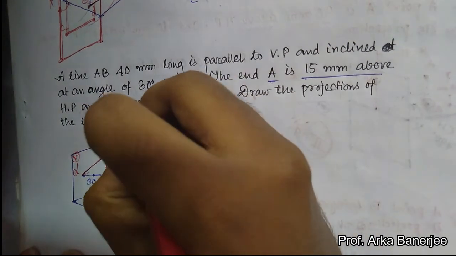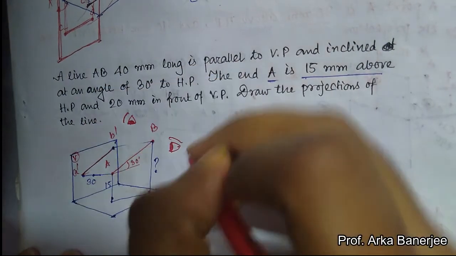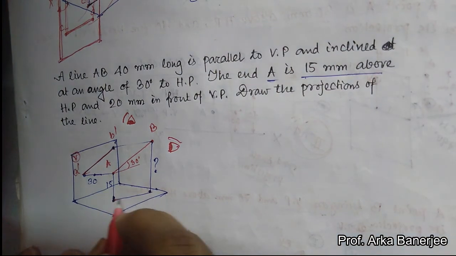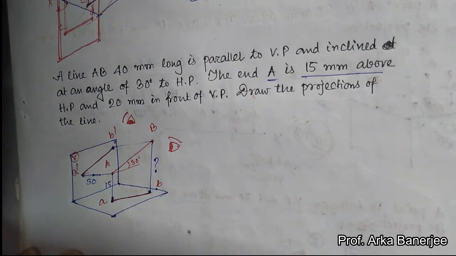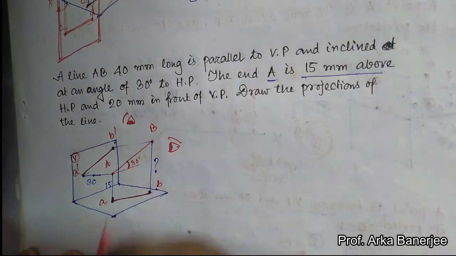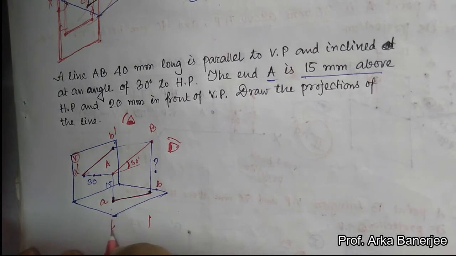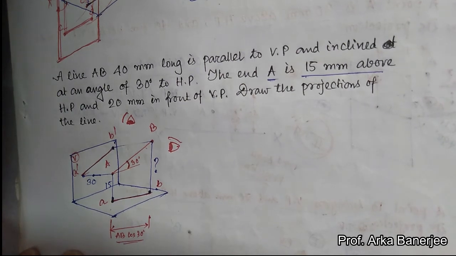Next time for top view, the observer will present here. Then he will observe this much. So you will write AB, and obviously this length is not the true length because we have some angle with this plane, and from mathematics we know this length is AB cos 30 degree, but we don't need to calculate it here, because this is engineering drawing, so we will not calculate anything mathematically.